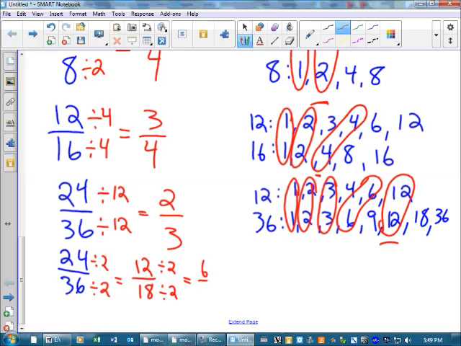That'll give me 6/9. And then you look at that and you go, hey, I know 3 goes into 6 and 3 goes into 9. So you can divide by 3. And that'll give you 2/3. Hey, it's the same answer. I don't care how you get there, as long as you get there. So either method is fine with me. Okay, great.